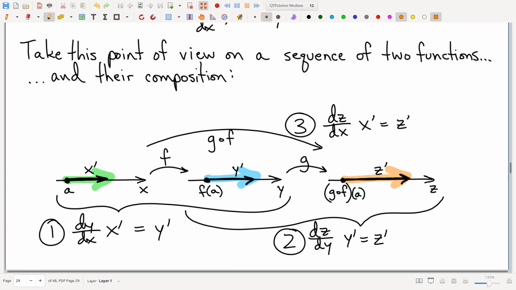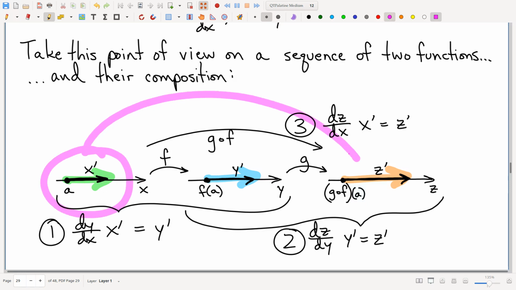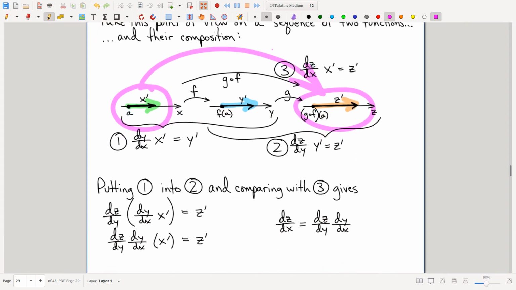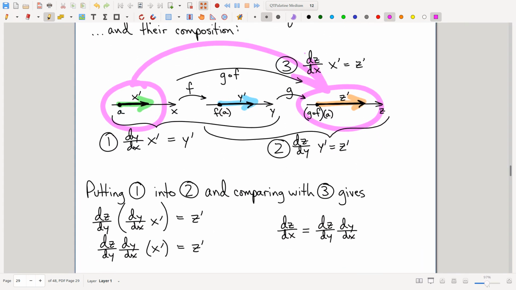So when I ask, what is it that you multiply by x prime to get z prime? Well, on the one hand, the thing you multiply by x prime to get z prime is by definition of a derivative dz dx.